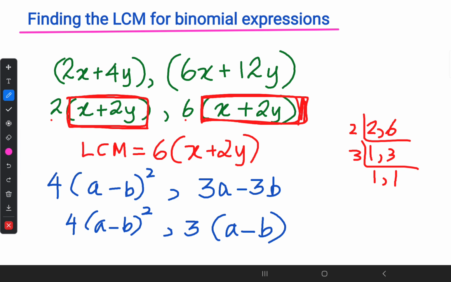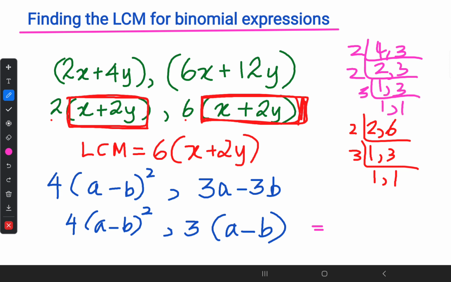What you have to do is find the LCM for the coefficients. The numbers before the expression are called coefficients. For 4 and 3, divide by 2: 2 and 3, again divide by 2: 1 and 3, divide by 3: 1, 1. 2 times 2 is 4, times 3 is 12. Now look at the expression.